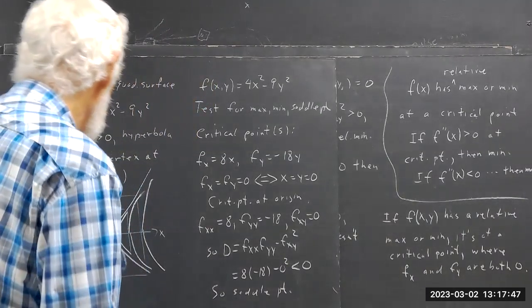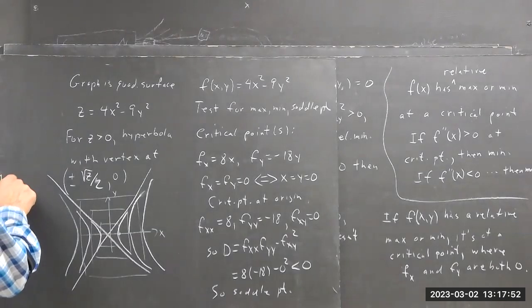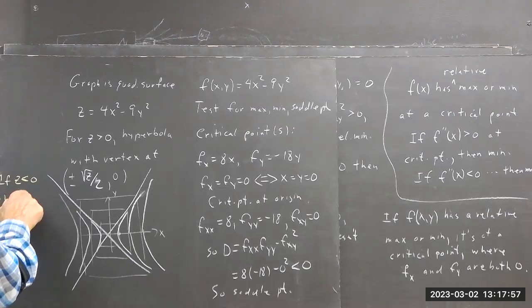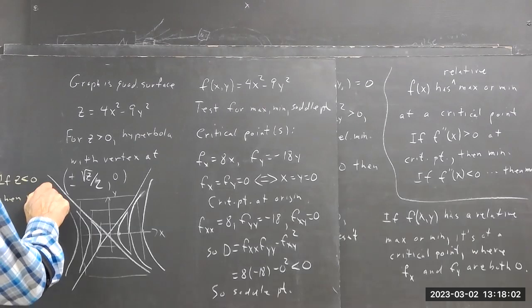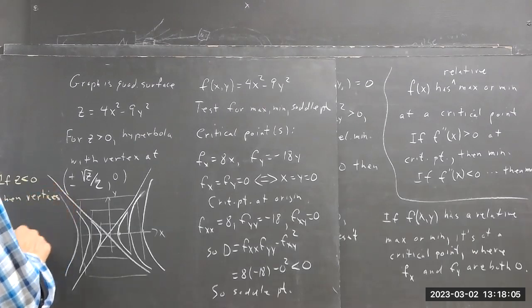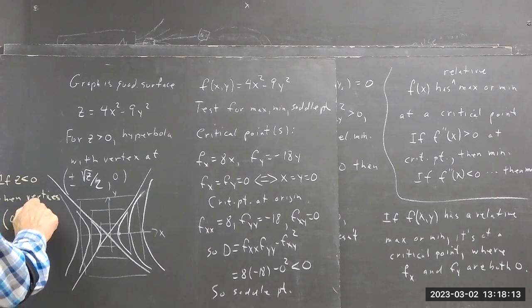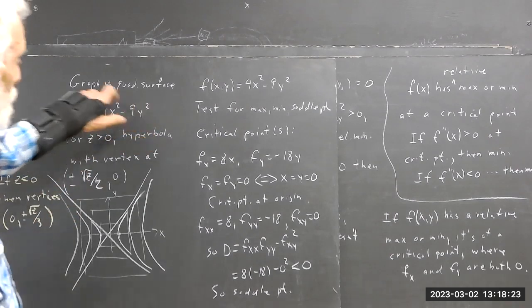Now, if z is less than 0, the vertices would be 0 and plus or minus the square root of negative z over 3, because this will be equal to a negative number.